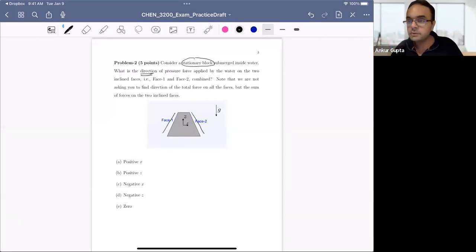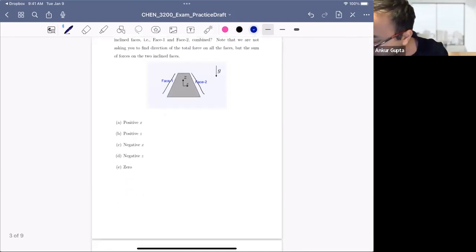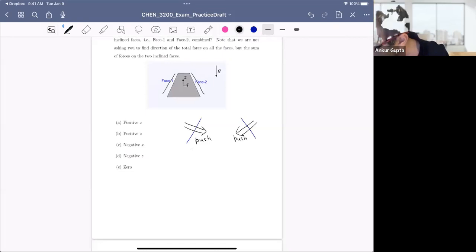If the pressure force was on all the faces, it becomes the buoyancy force. But it's not asking us to do that. It's asking us to only find the force on face 1 and face 2. So essentially face 1 is like this, face 2 is like this. We know the force by water is a push, direction, right? And normal.